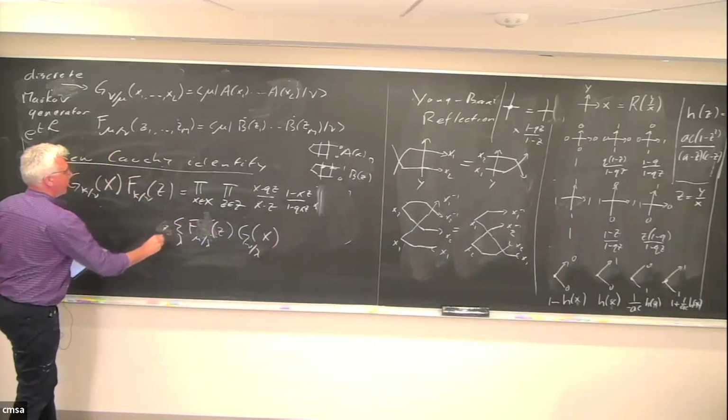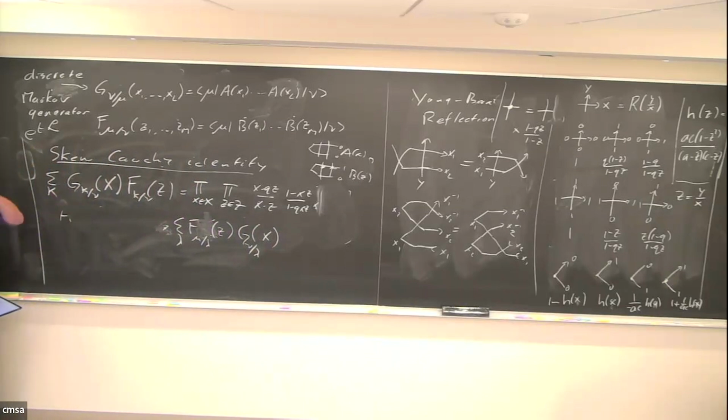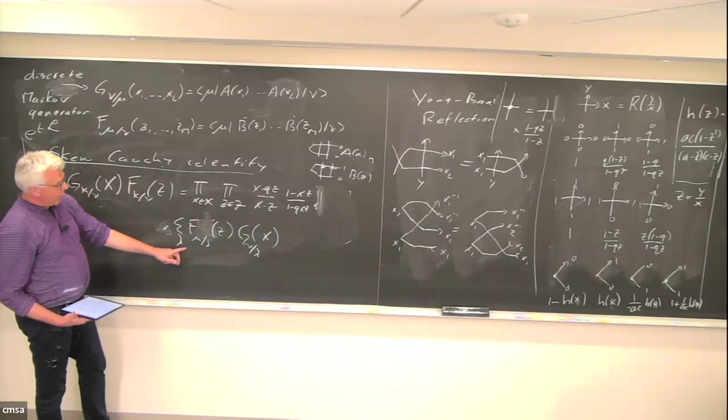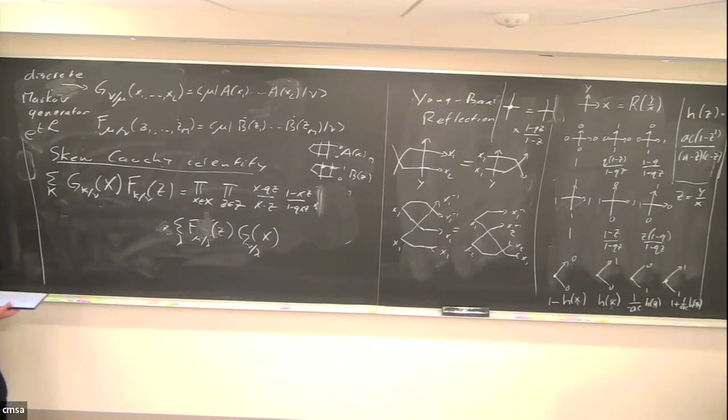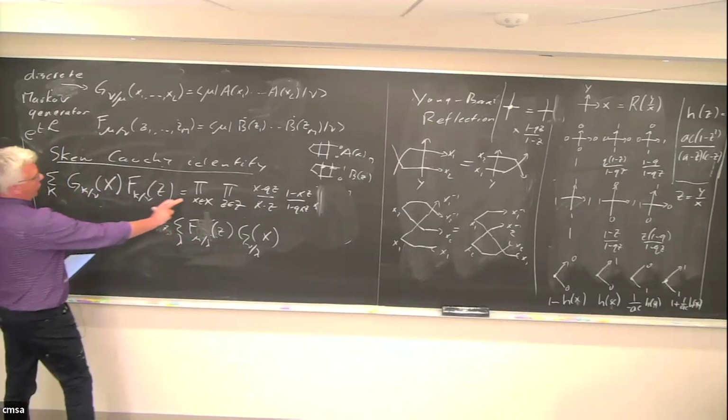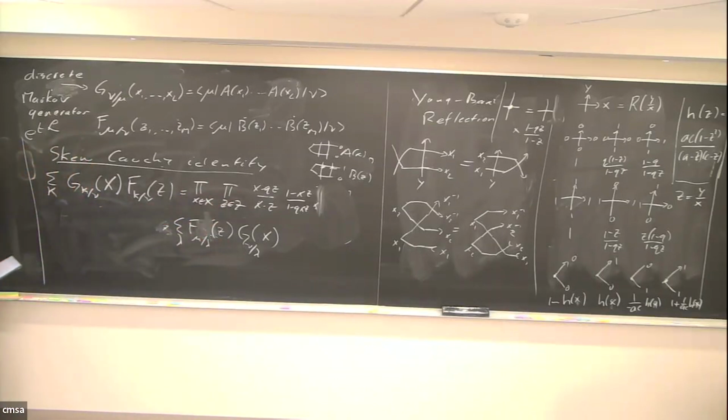Okay, so I have some analog, some symmetric functions g and f that satisfy this q Cauchy identity, where this is really an infinite sum now, and this is a finite sum. This lambda needs to be contained in mu and nu, and you just get these products.